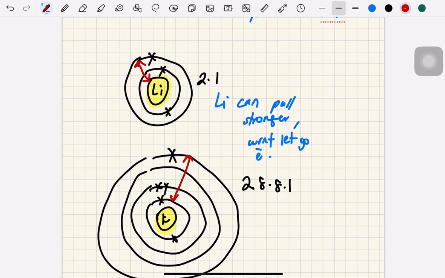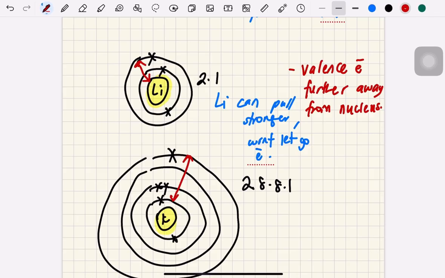Okay, now you can see, moving down the group, what happened? The valence electron is further away from the nucleus. Okay, so when it is far, you can say that the force is not as strong. So the force of attraction, this is what we call force of attraction, between nucleus and valence electron becomes weaker.